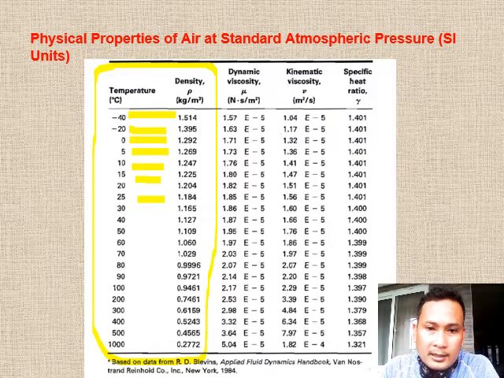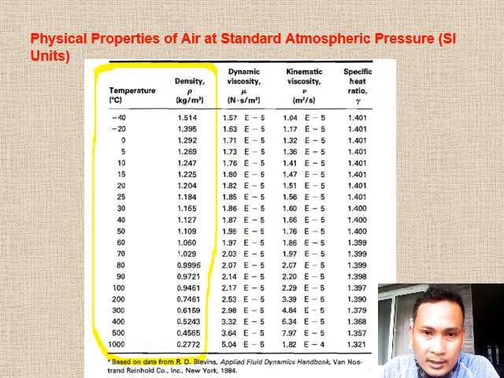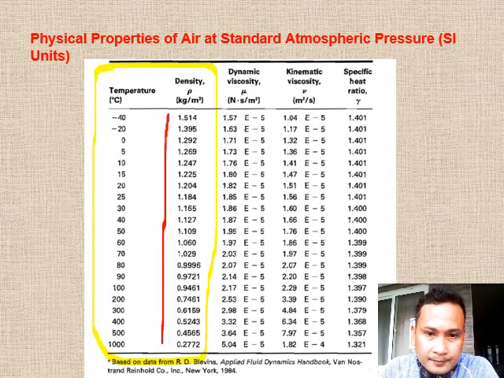So makikita natin na dito sa part na ito that the relationship of density is inversely proportional to temperature. That means as the temperature increases, the density decreases. Makikita niyo yung value niya, pa-decrease yung density, di ba?